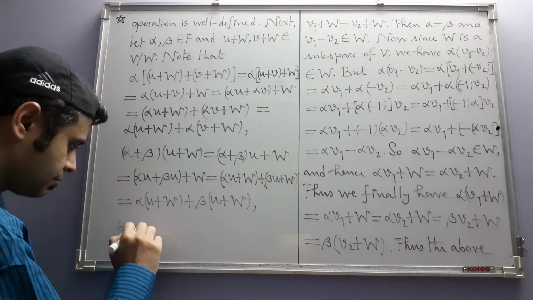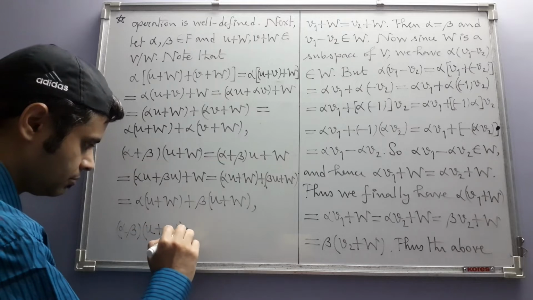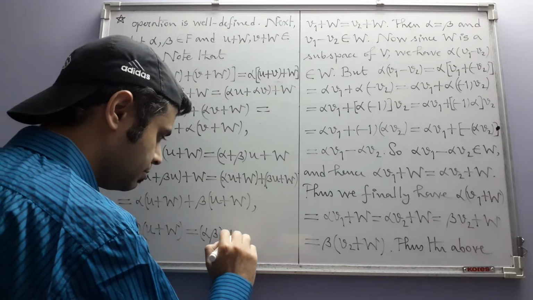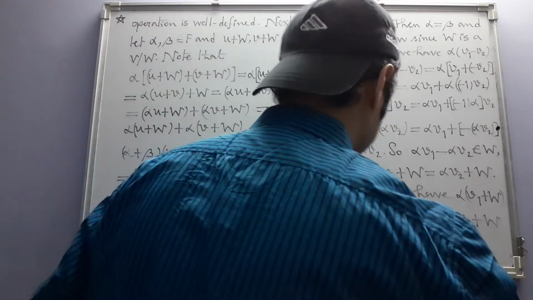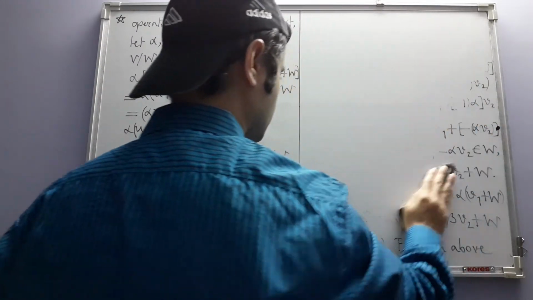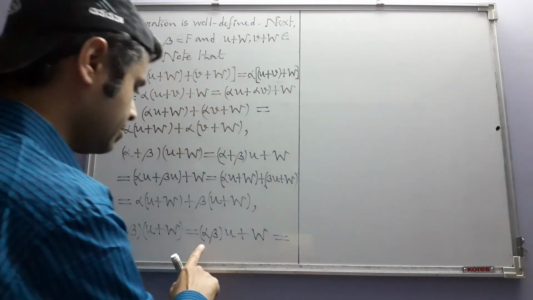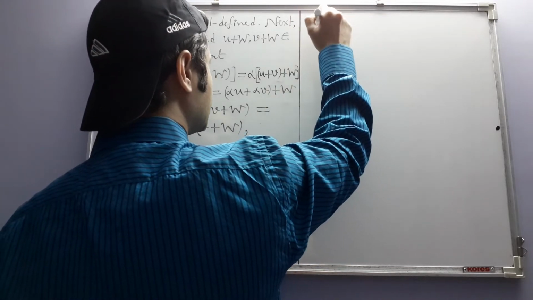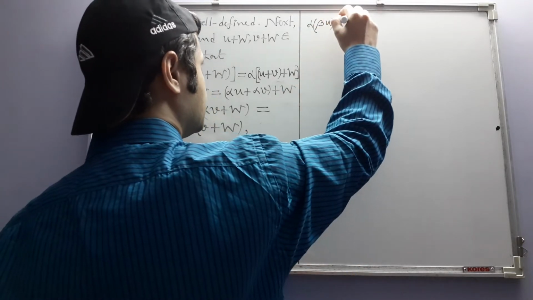Then alpha beta times u plus w is equal to alpha beta u plus w. And this in the vector space capital V is equal to alpha times beta u. So this coset is equal to this.